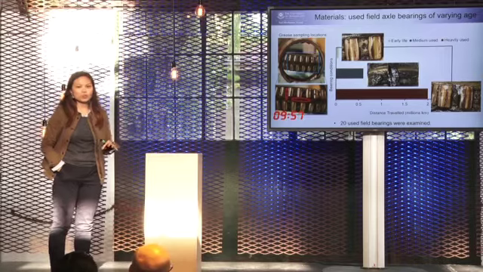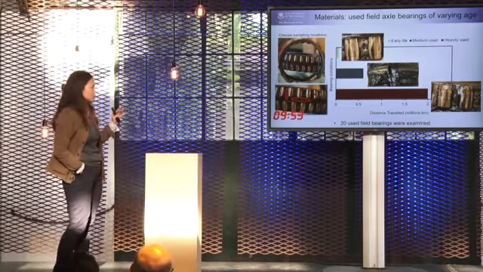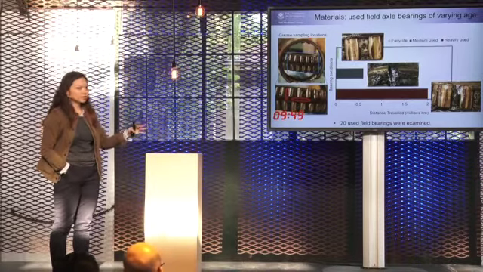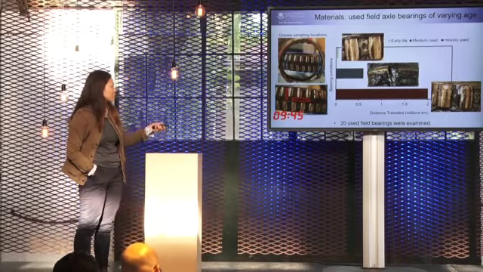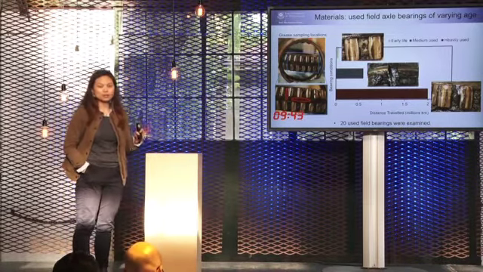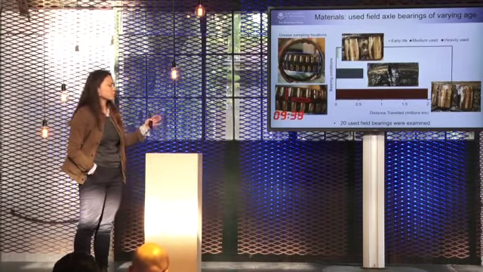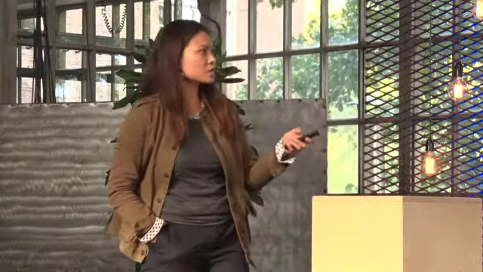In this project, we were able to examine 20 field-used spherical bearings. They are very different in their travel distance. The early-life bearings traveled less than 0.05 million kilometers, the medium-use bearings traveled between 0.3 and 0.6 million kilometers, and the heavier-use bearings traveled about 2 million kilometers.